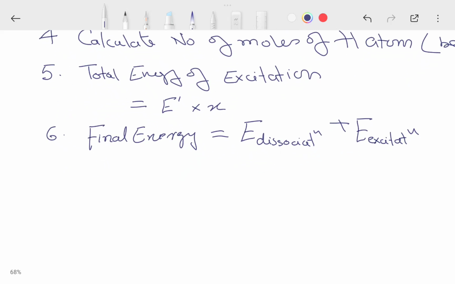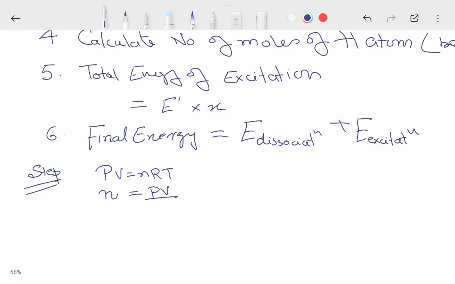So step number 1 is finding out number of moles of hydrogen. PV is equal to nRT. So let's find out number of moles of hydrogen.